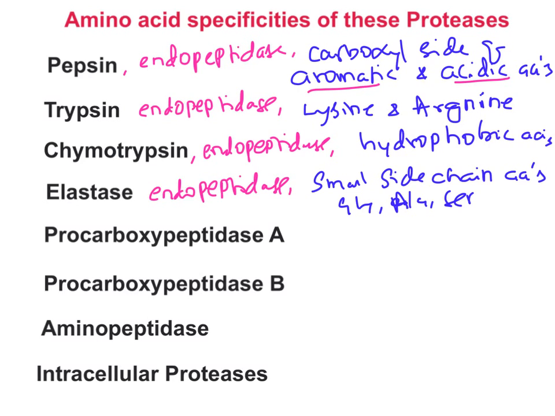Now coming to procarboxypeptidase A. Now procarboxypeptidase A is an exopeptidase. This is something different from the other enzymes that we have seen so far. The specificity is similar to chymotrypsin. It means it is acting on the carboxy terminus. Remember, I am saying carboxy terminus.